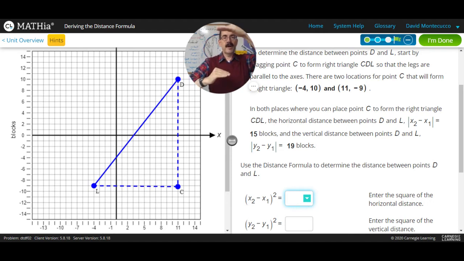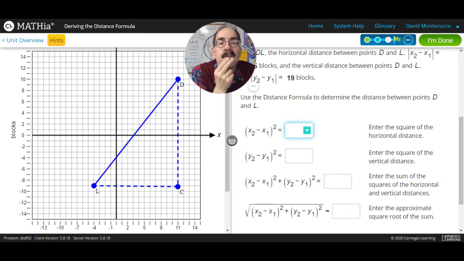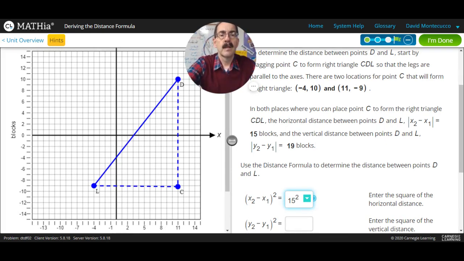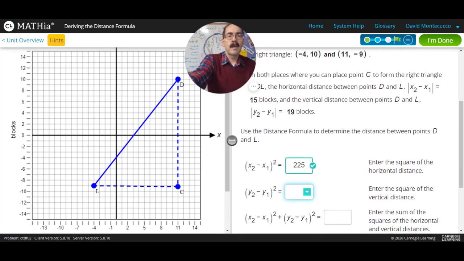From -4 to +11, that's 15 units. Good. So this minus this, squared. This minus this, squared. So in the x's, 15 squared, so 15 times 15. And 19 times 19, I have no idea.